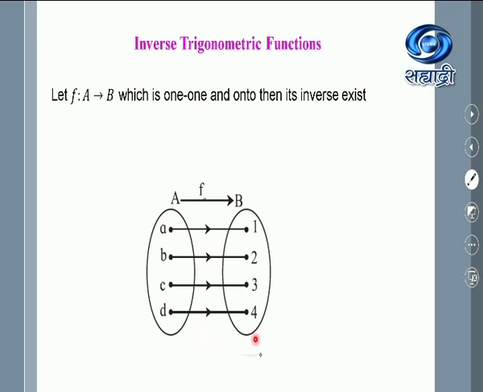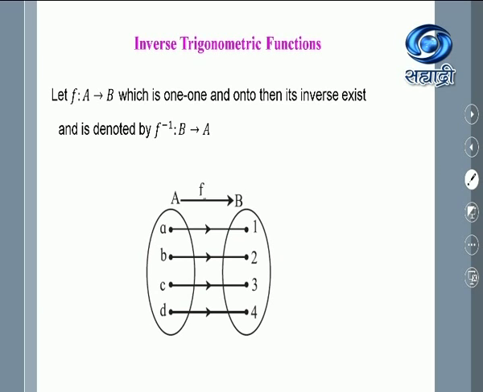So this is an example of a function which is 1-1 and onto. So if the function is of this form, then only we can find its inverse, and that inverse is denoted by this symbol f inverse from B to A.